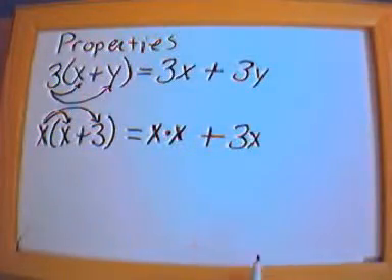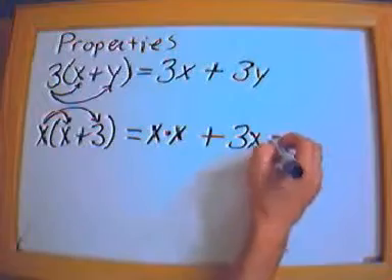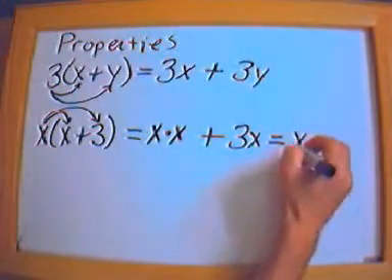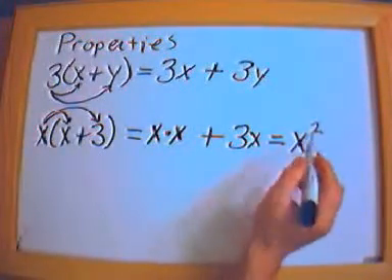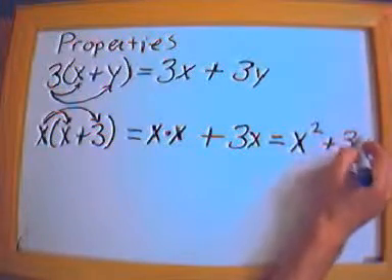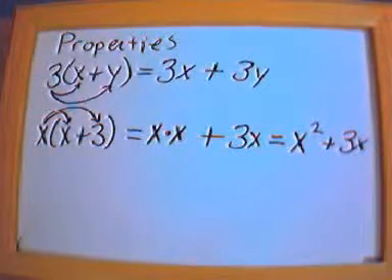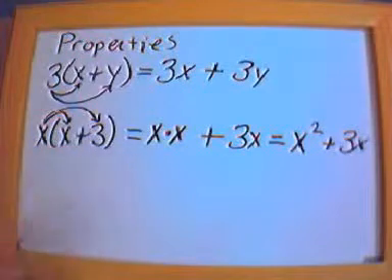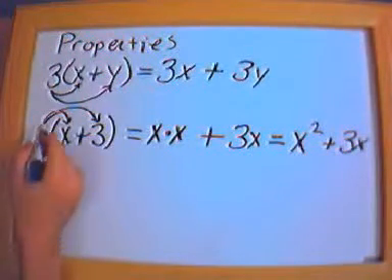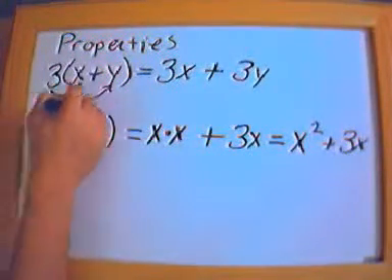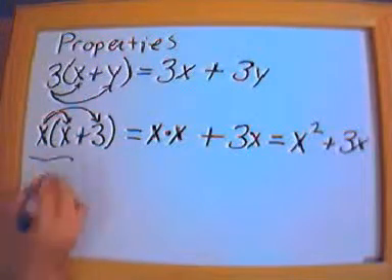I can write it in reverse order. That's the same thing. And this is equal to x times x, which is simply x squared. Remember, the square means x times x, plus 3x. And that's the answer. So we're using the distributive property to actually expand this out. It's quite simple. You just need to remember: multiply times the first, multiply times the second, add them together.